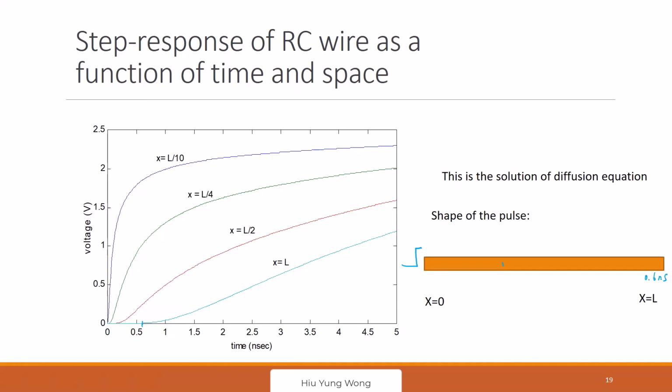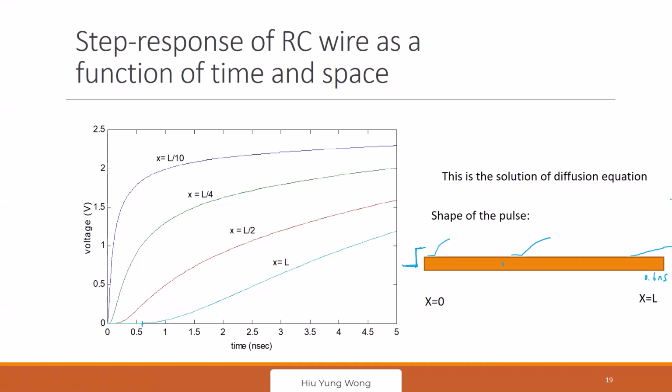But not just that, it also gets distorted. If you look at the waveform here, this is very sharp. When you come to here, it becomes this. When you come to here, it becomes this. And eventually, it becomes this. It's just like a diffusion equation, okay?